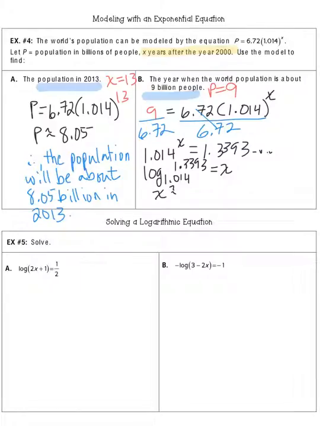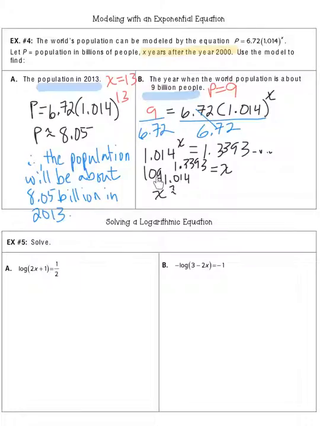So all you have to do is put log, and then you're going to hit second negative, because remember above your negative sign on your calculator is ANS for answer.